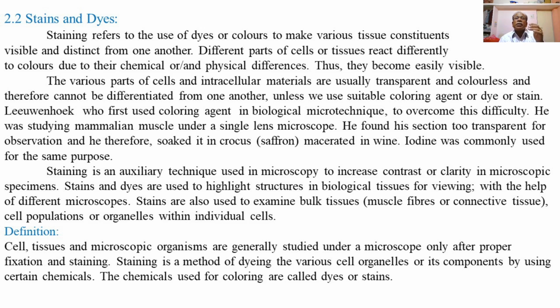Stain means the chemicals which give a particular color to the cellular components, and the process of giving a particular color to the biological material is called staining. So staining is a method of coloring or dyeing the tissue preparations or cell organelles and their components, and the chemicals used for coloring the biological preparation are called stains or dyes.